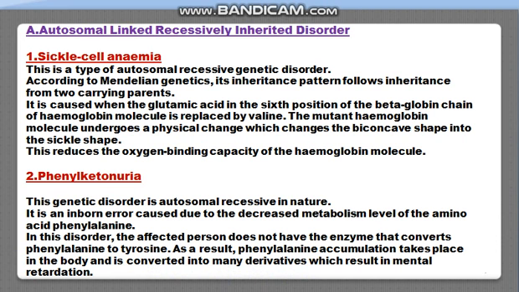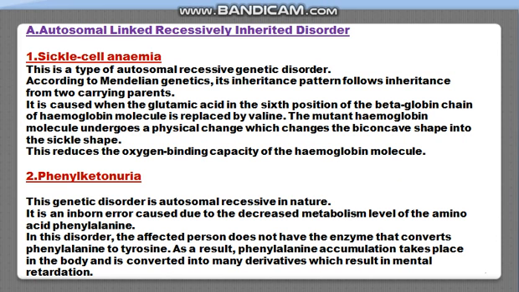So what happens in phenylketonuria? This disorder is autosomal recessive in nature, and it is caused due to the decreased metabolism of the amino acid phenylalanine. In this disorder the affected person does not have the enzyme which converts phenylalanine to tyrosine, which is the normal way.